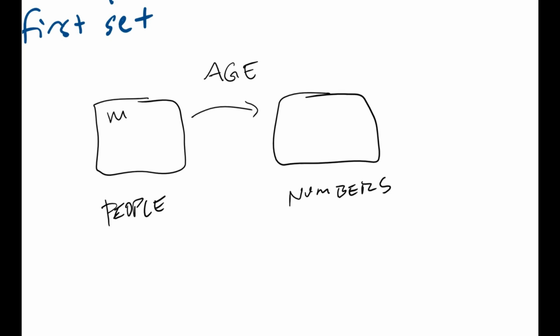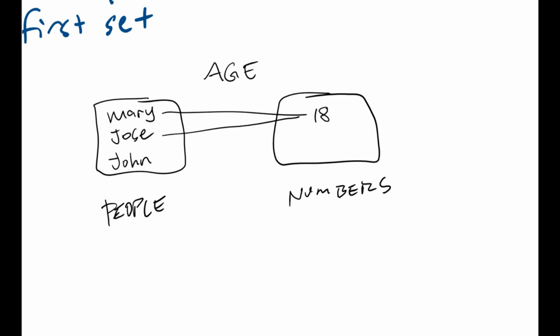So you could have Mary, you could have Jose, and you could have John. Okay, so Mary could be 18, Jose could also be 18, and John could be 21. So age is a good way to remember what a function could be.